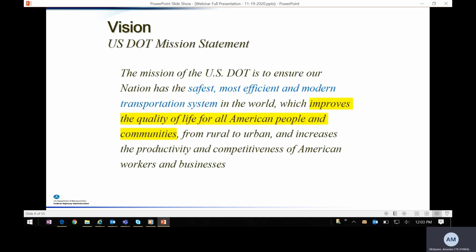So this is US DOT's mission statement. If you look at that, it says, the mission of the US DOT is to ensure our nation has the safest, most efficient, and modern transportation system in the world, which improves the quality of life for all American people and communities from rural to urban, and increases productivity and competitiveness of American workers and businesses.